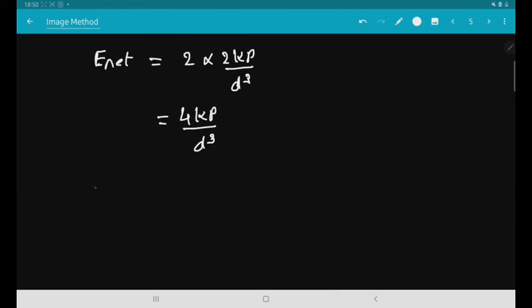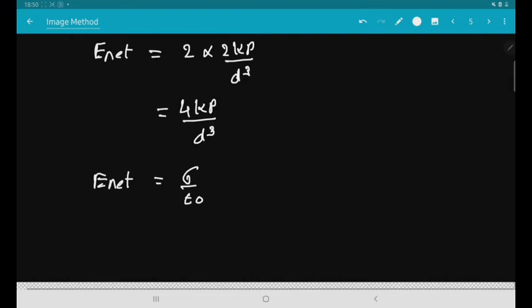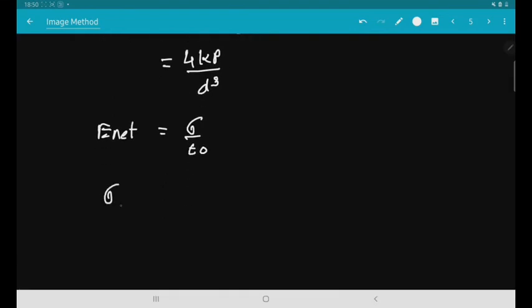Now we can equate this to sigma by epsilon naught. So sigma will be equal to 4 kp epsilon naught by d cube. We can put the value of k as 1 by 4 pi epsilon naught.